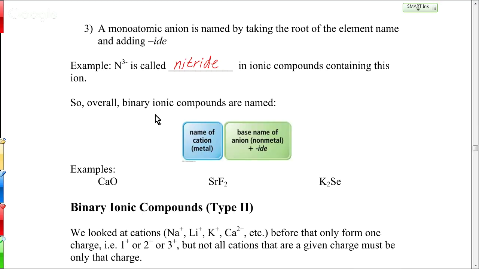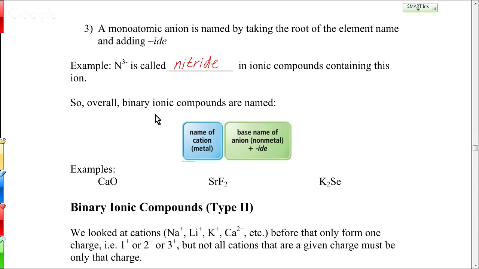So CaO, what would we call that? Calcium oxide, right? Ca is the positive ion. Oxygen is the negative ion. SrF2. Anybody know what Sr is? Sr is strontium. So what would the name of that compound be? Strontium fluoride.